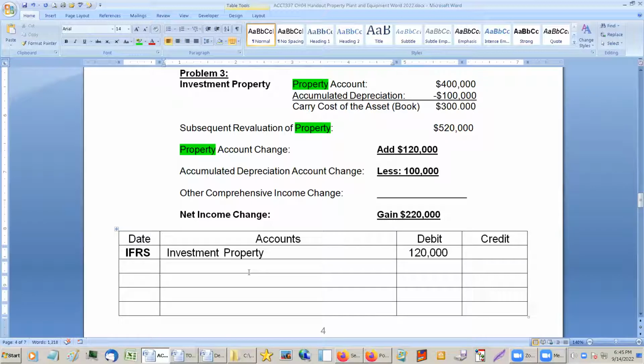Increase the accumulated depreciation. Will decrease.